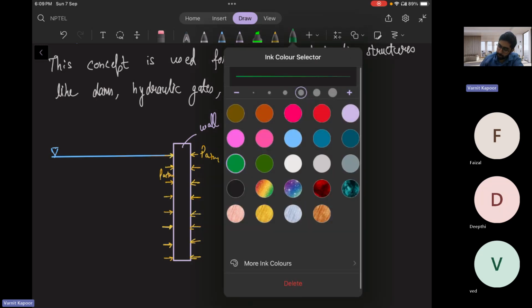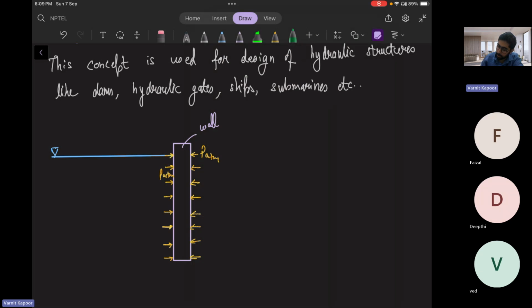So let us draw that as well. What I can do is divide it like this into the hydrostatic pressure and the atmospheric pressure. So this is the maximum.